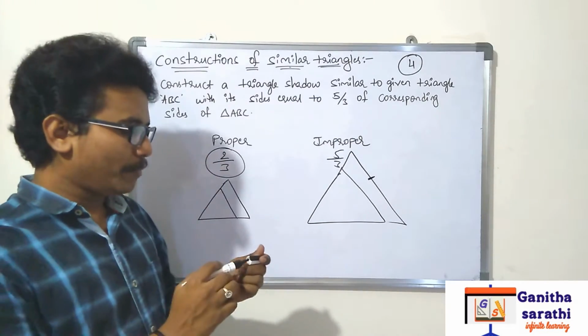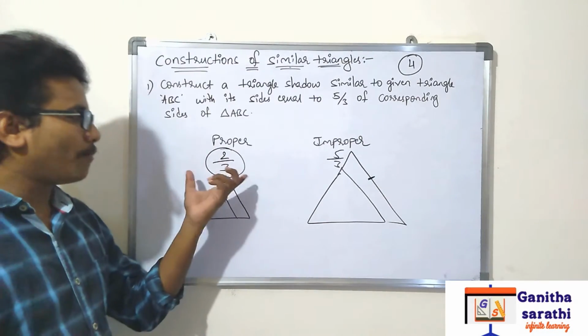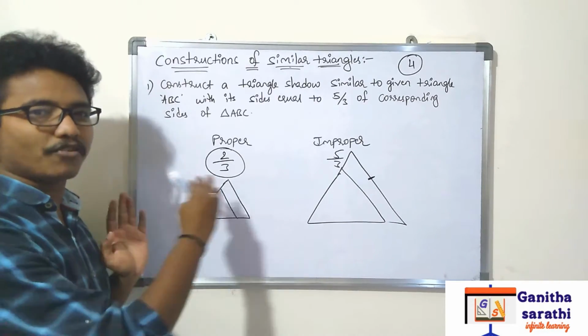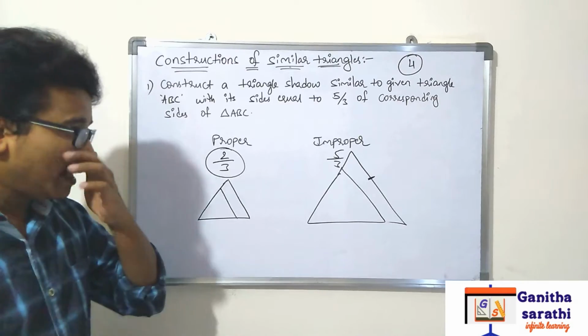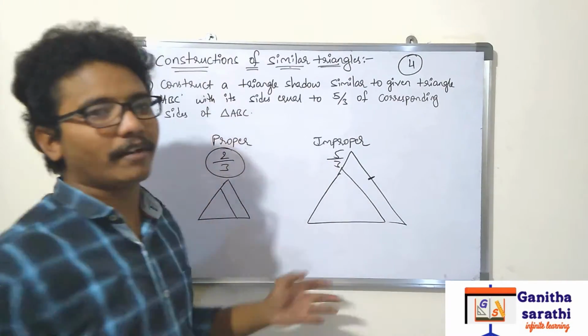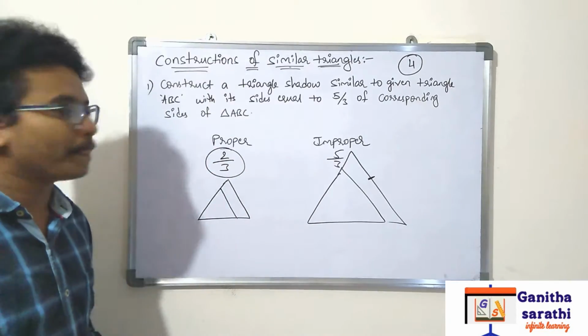This is the main important thing to remember. If it is a proper fraction, our similar triangle will be inside our original triangle that we have constructed. If it is an improper fraction, the similar triangle will be outside of the original triangle that we have constructed. Okay, now see here.